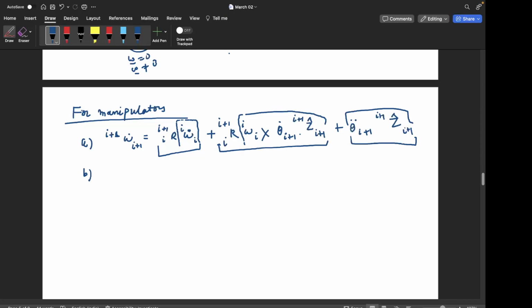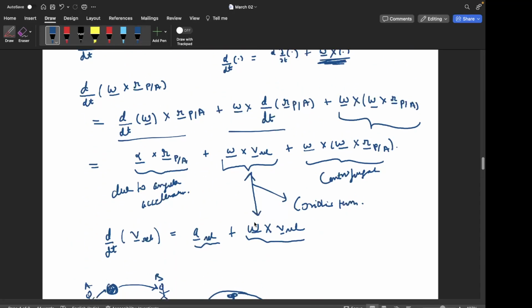Very much clear, right? The last term is the joint acceleration of the I plus 1th joint, right? Theta double dot.